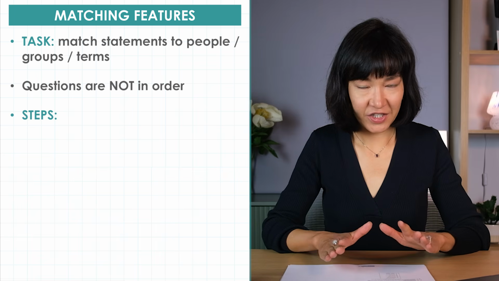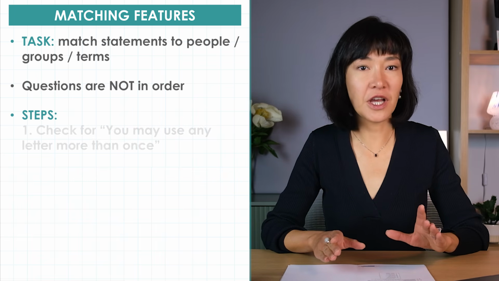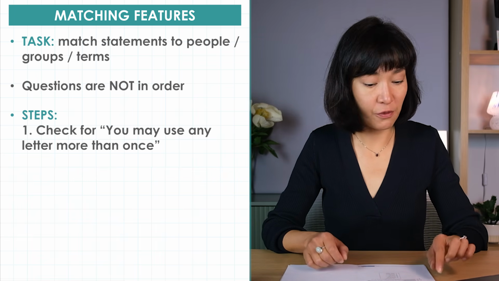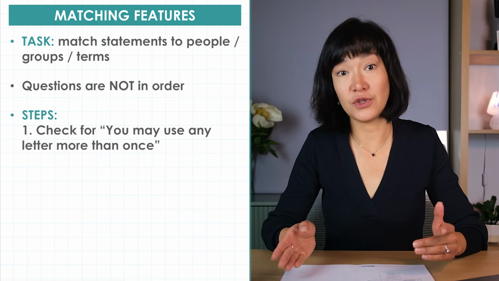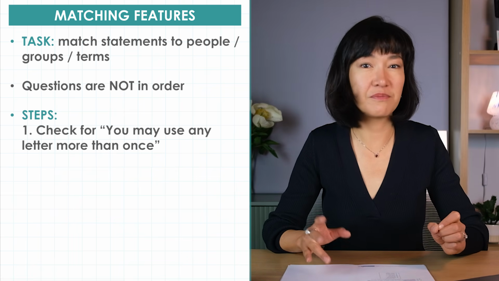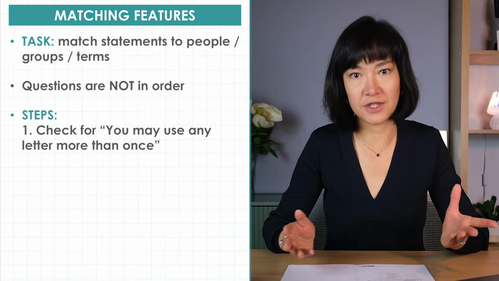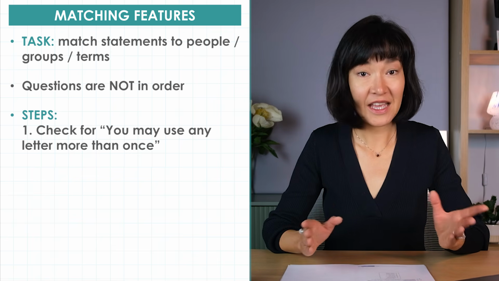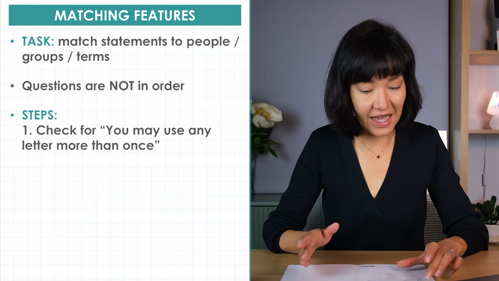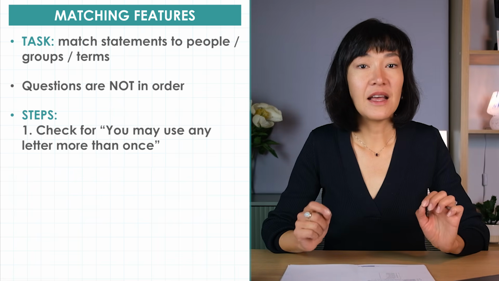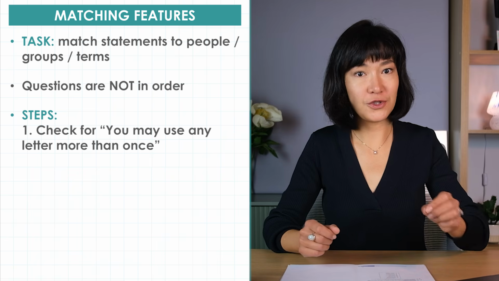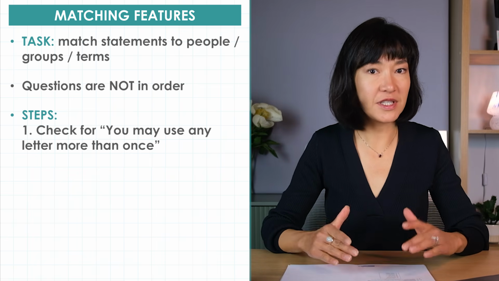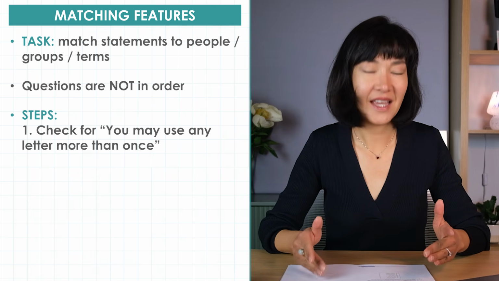Here is a better strategy. So first check if the instructions say you may use any letter more than once. If they do, at least one person matches two statements, usually. If they don't, like in our case, each person matches one statement only. So once you've used a letter, cross it out to see what's still left.